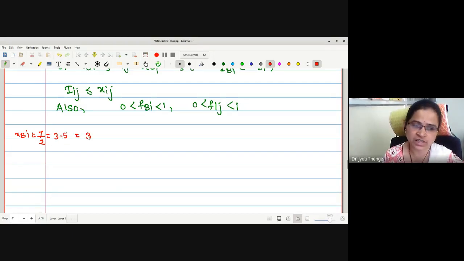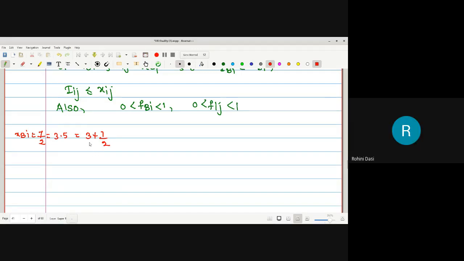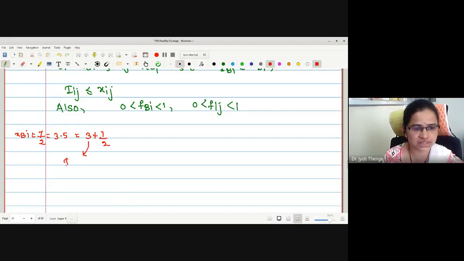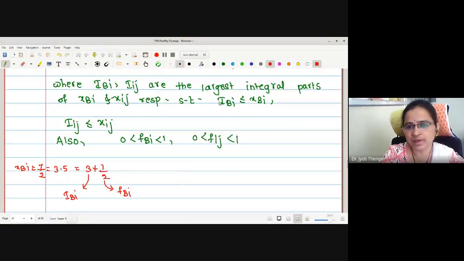Therefore, I can write this as 3 plus half. This is the Ibi part and this is the Fbi part. Surely Ibi is less than or equal to xbi; here 3 is strictly less than 3.5.